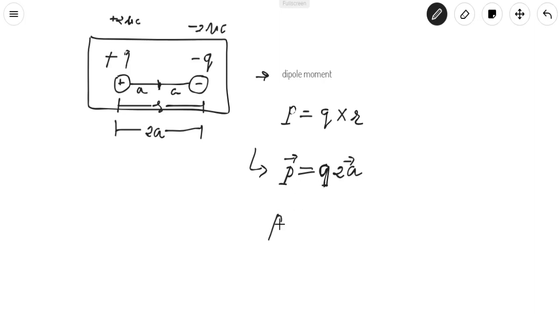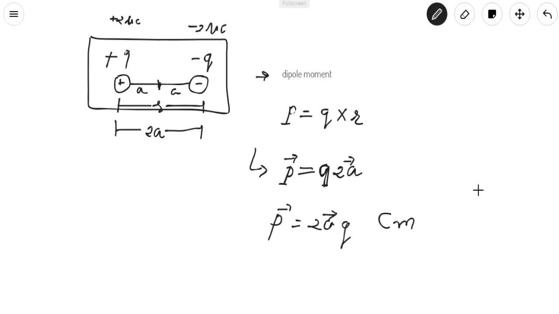We usually remember p is equal to 2aq, and it is a vector quantity. The unit for the dipole moment: 2a means distance, so its unit is meter, and for charge it is coulomb, with capital C, so it is coulomb meter.